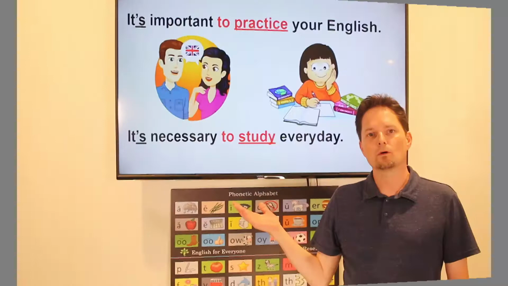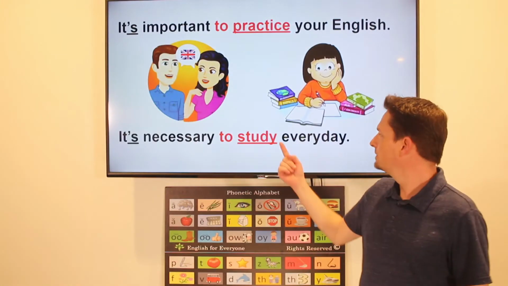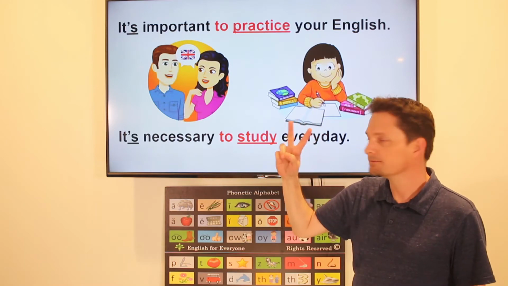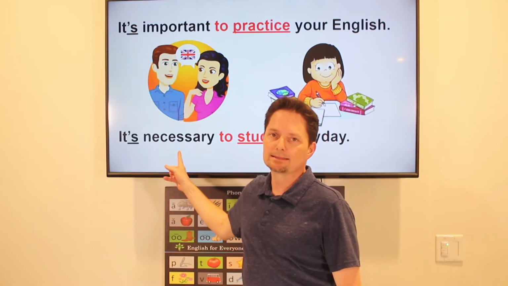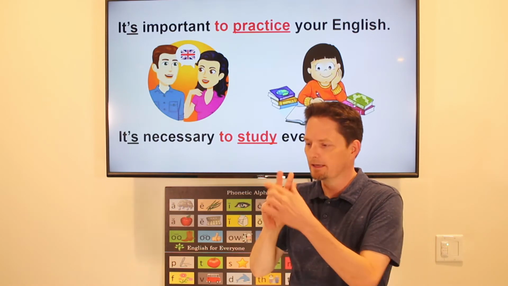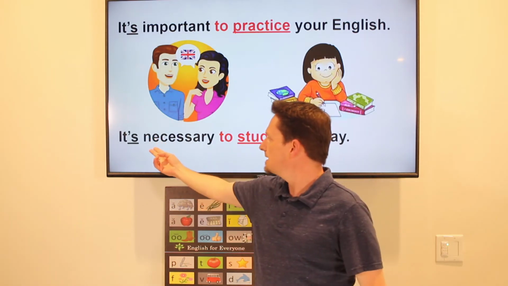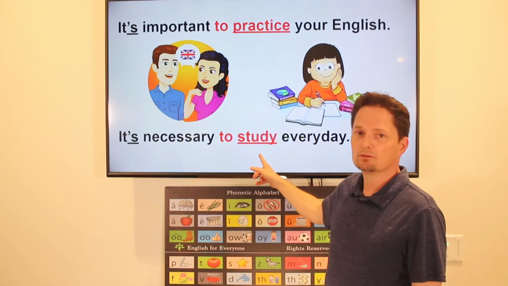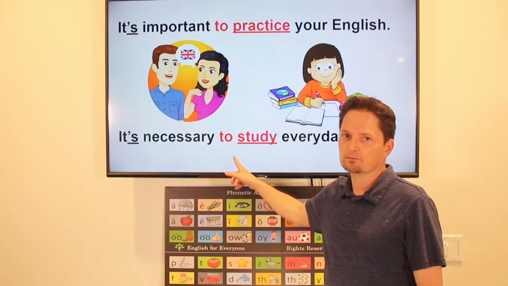Very good. More examples where we use to plus a simple action. Two actions. When you say it's necessary, it is an action together. It's necessary, action 1, action 2, connector to.